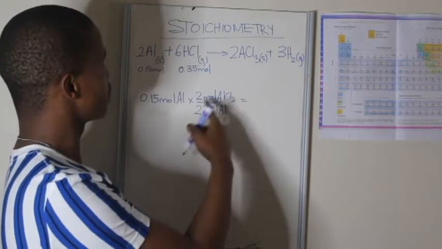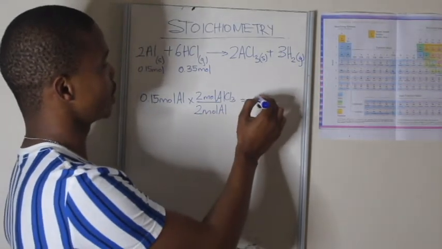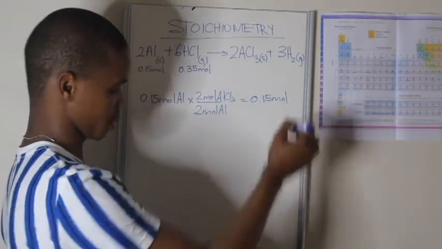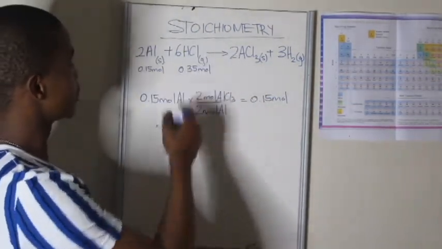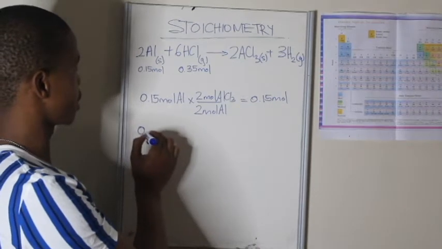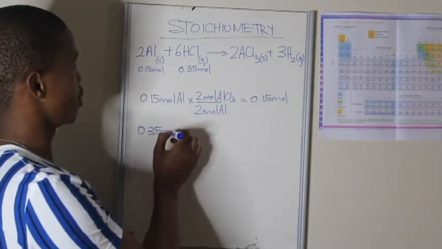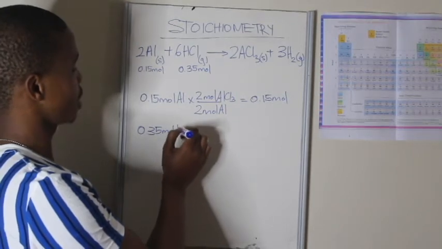then moles of aluminium chloride would be 0.15 mole. And you do the same thing for this one, which is 0.35 mole of HCl.